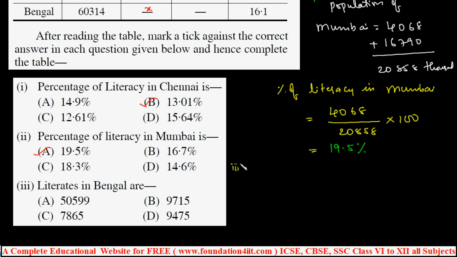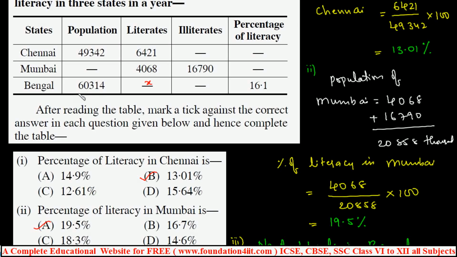Third one, as per the formula if you observe, the number of literates in Bengal is out of 60,314, only 16.1 percentage of the total population.